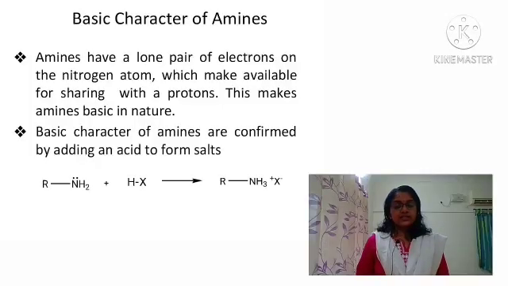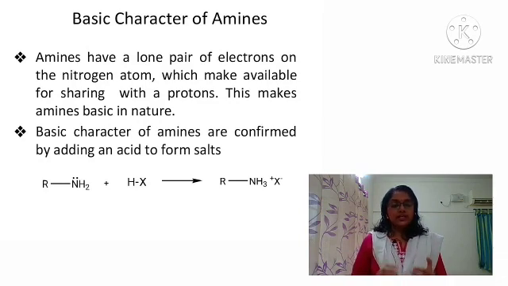So when we are discussing these three amines, primary, secondary and tertiary, each nitrogen atom has a lone pair of electrons. This lone pair of electrons has the capacity to attract or share a proton. So this makes amines basic in nature.